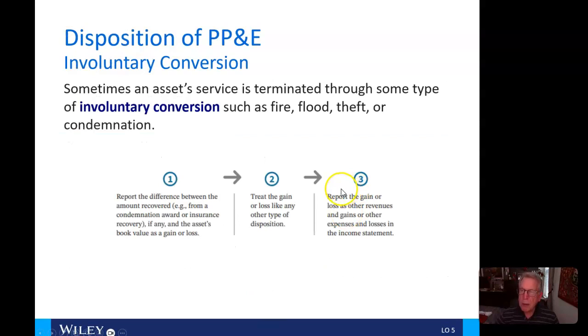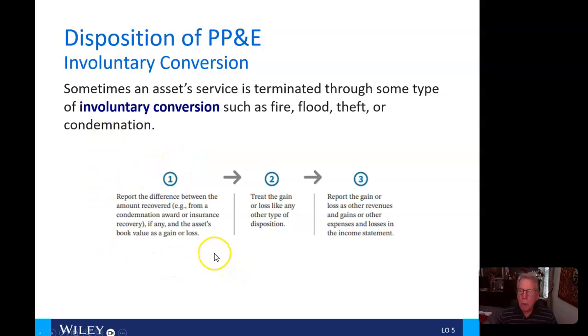All right, sometimes we might have an involuntary conversion. Sometimes an asset's service is terminated through some type of involuntary conversion. Fire, flood, theft, war, earthquake, all sorts of things, or condemnation.